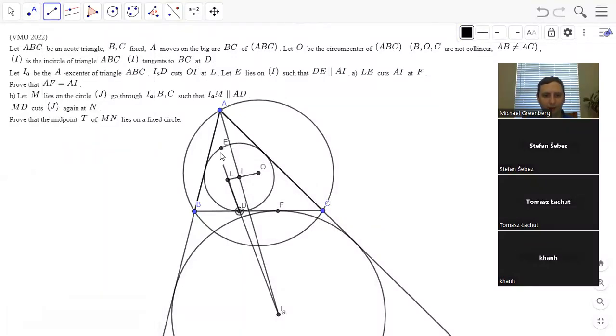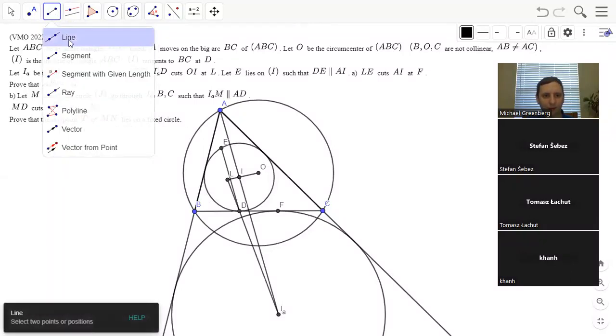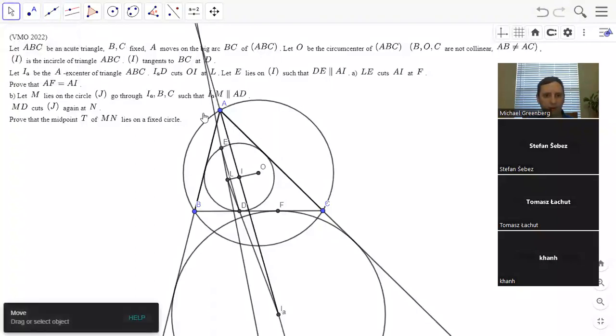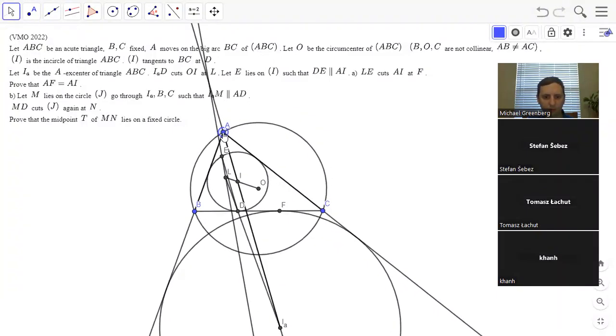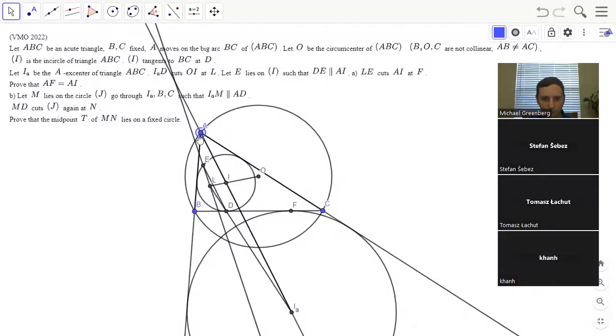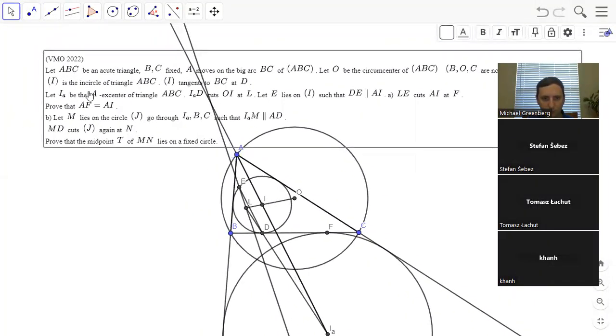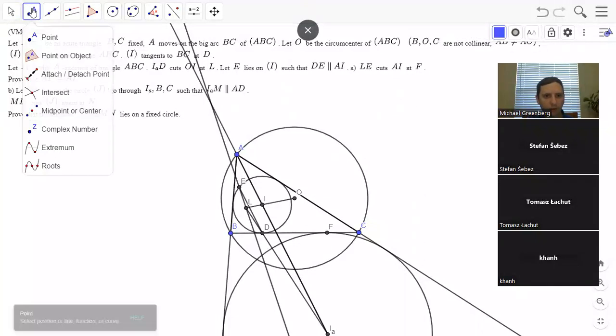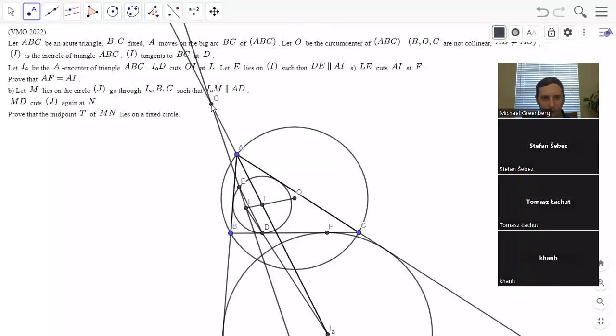And LE cuts AI at F. So draw this whole line and okay. So this is F up here.